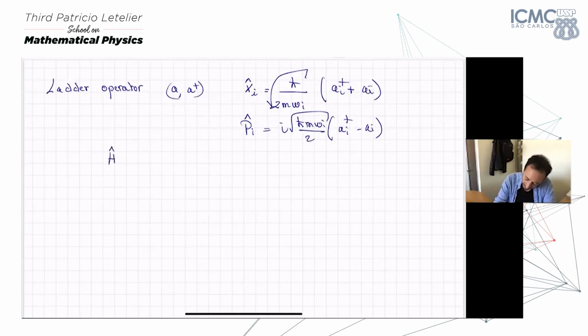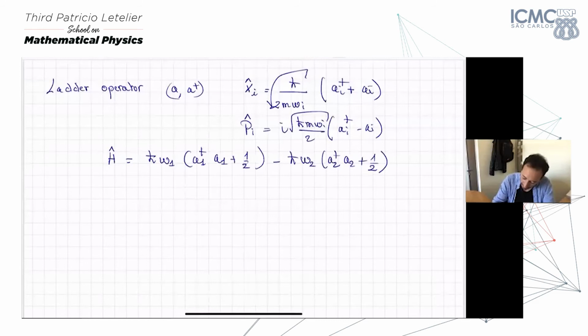So I can replace my Hamiltonian. I can write it in that way. I'm getting h bar omega 1, a1 dagger a1 plus 1/2, and minus h bar omega 2, a2 dagger a2 plus 1/2, with the condition that the commutator of ai and ai dagger is equal to 1, which comes directly because the commutator of x and p is i h bar, which comes directly from the Poisson bracket.